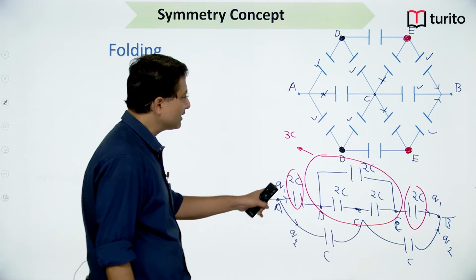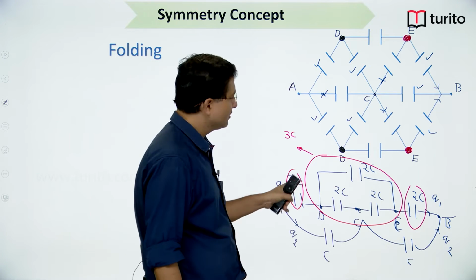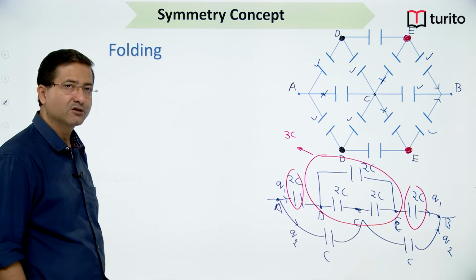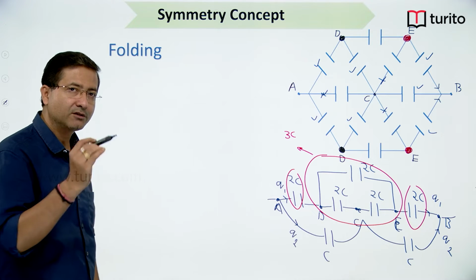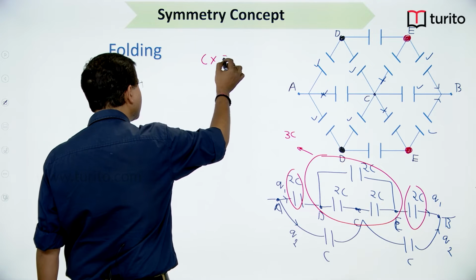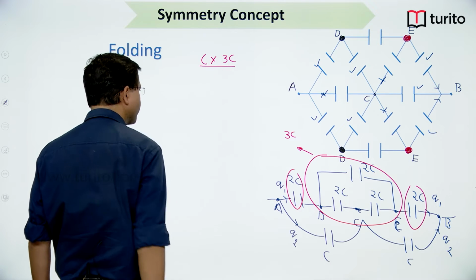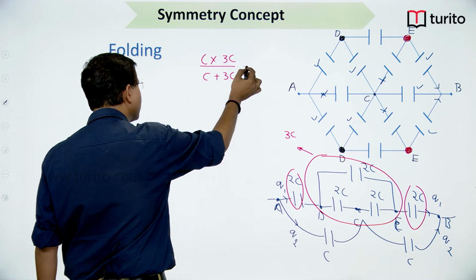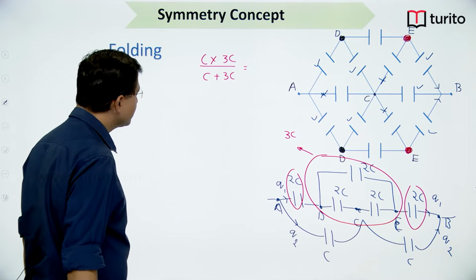So what I can see, that C, this combination C, and this 3C, they are in series combination. For series combination, C1 C2 upon C1 plus C2. So I can write C into 3C divided by C plus 3C, that is 3C by 4.